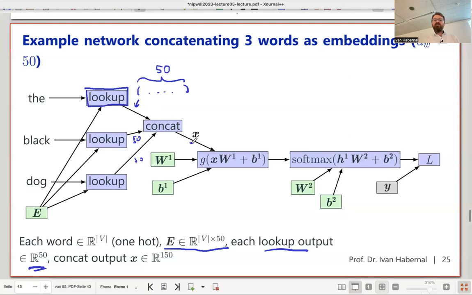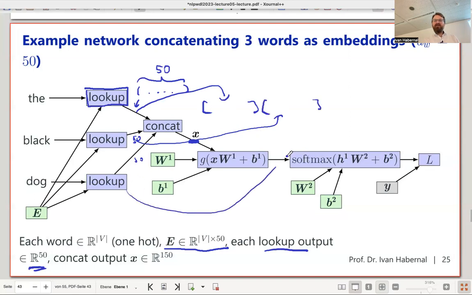Yes, this is a vector, exactly. So we need a vector here. I want to concatenate it in a way that builds a sentence. Yes, concatenating is the operation. So you take the first vector, then the second vector after that, and the last vector just after that.